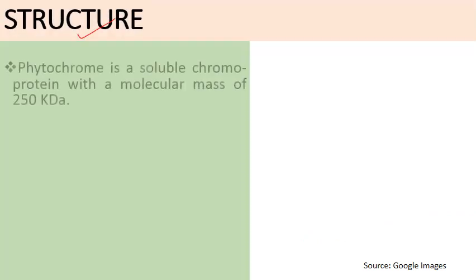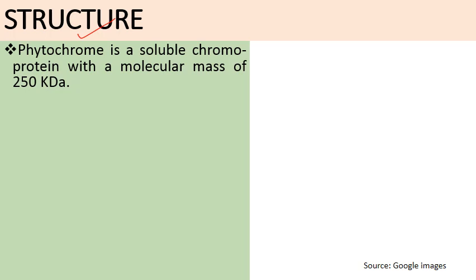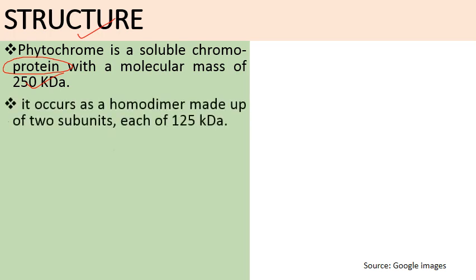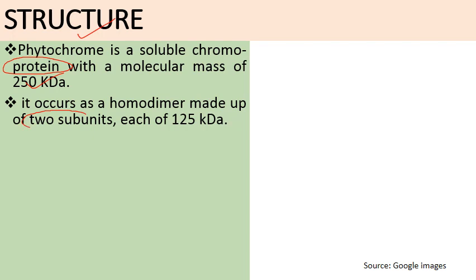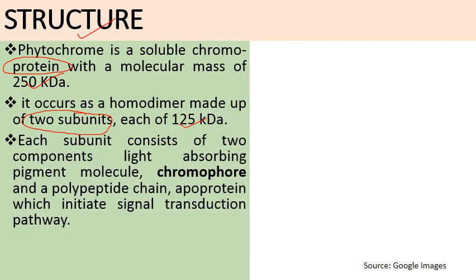Next comes the structure of phytochrome. So it exists in dimeric form. Phytochrome is a soluble chromoprotein with a molecular mass of 250 kilodalton. It occurs in a homodimer form and is made up of 2 subunits. 2 subunits से मिलकर बनता है ये, और एक सबयूनिट का molecular weight होता है 125 और 125 kilodalton. Each subunit consists of 2 components.